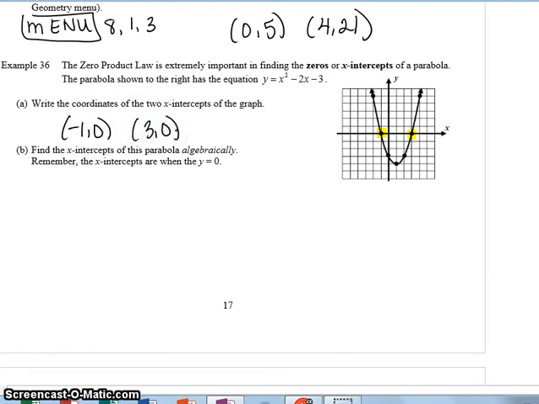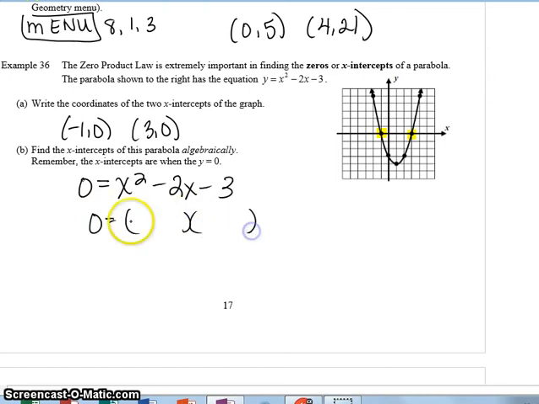It says find the x-intercepts of this parabola algebraically. Remember, the x-intercepts are when y is 0. So come back up to this equation, and right where it says y, substitute 0. You get 0 equals x squared minus 2x minus 3. Now we can factor that. What multiplies to negative 3 but adds to negative 2?